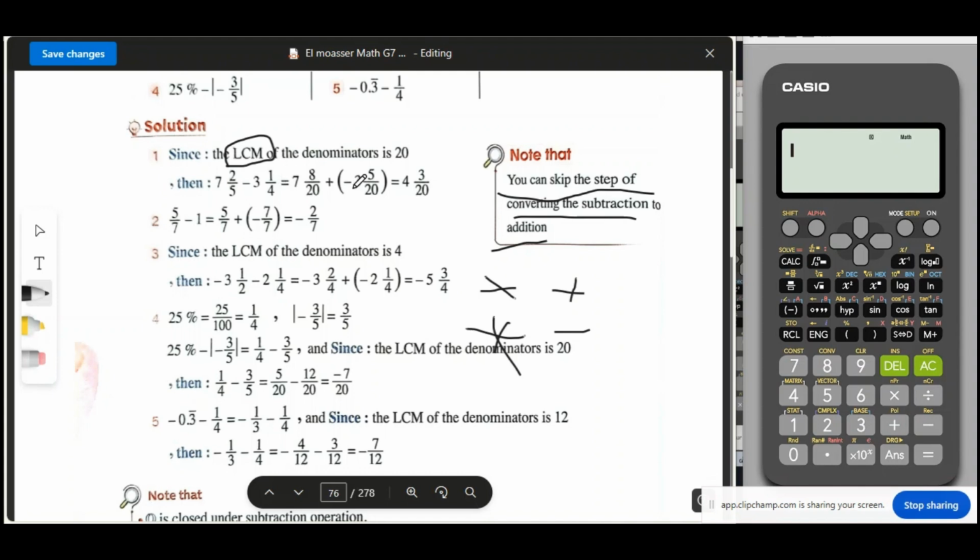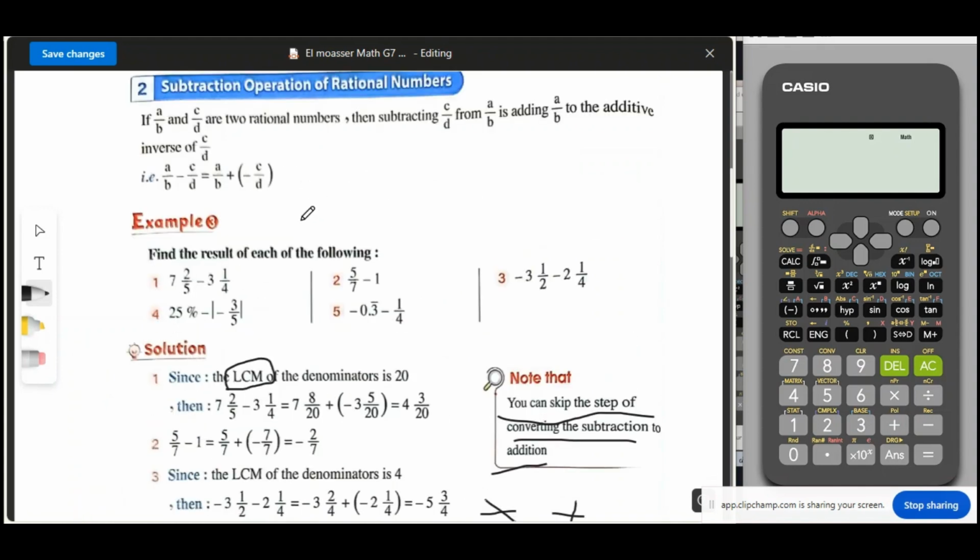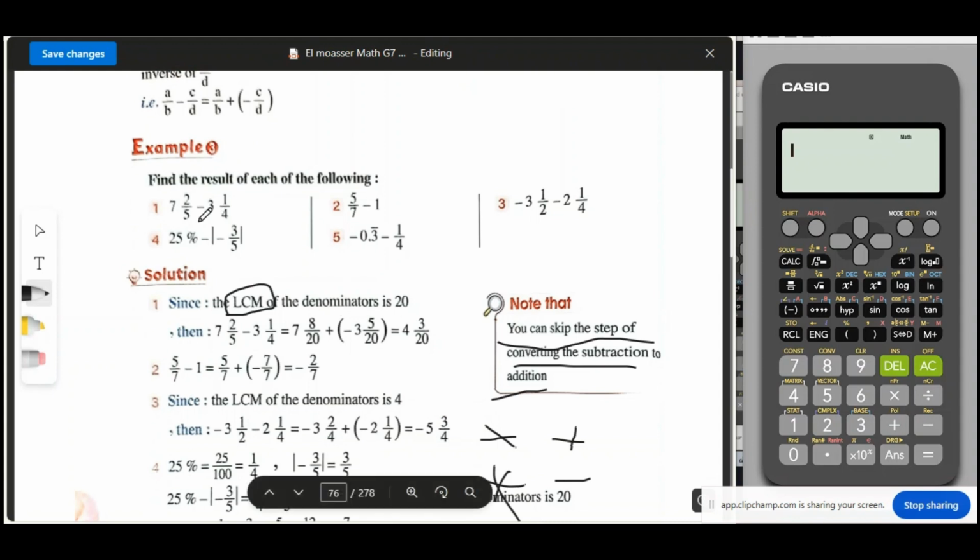So first thing first, the denominator is 20. Okay, so the LCM of the denominators is 20. 5 times 4 equals 20. So just convert them, and after that you will get here the big number.